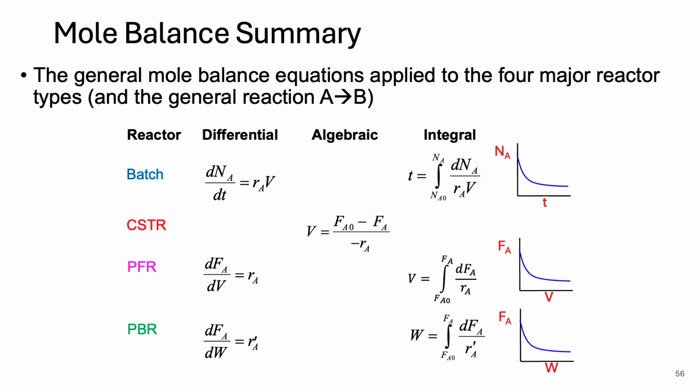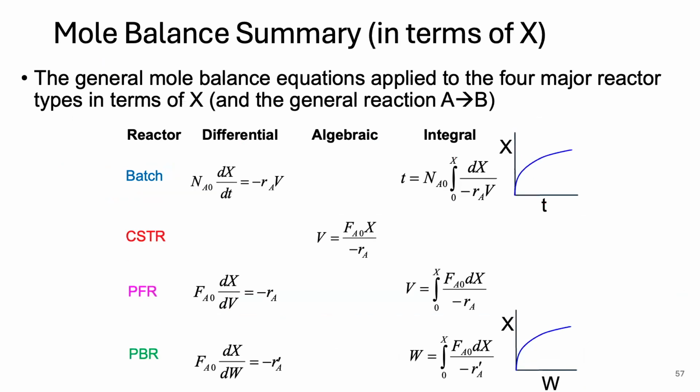So in summary, here's what we had before of our general mole balance equations in terms of moles of reactant A, for example, or species A, and their changes. And now if we rewrite that, we can cast our design equations for our batch, CSTR, PFR, and PBR instead in terms of conversion.